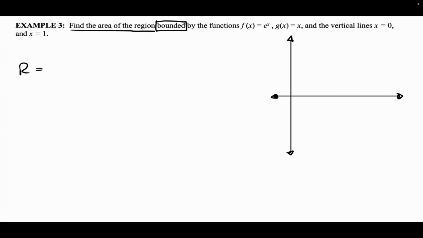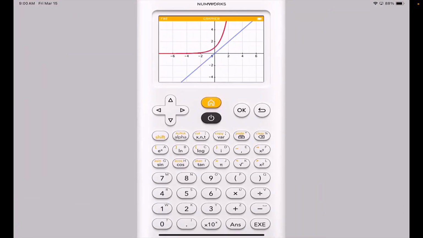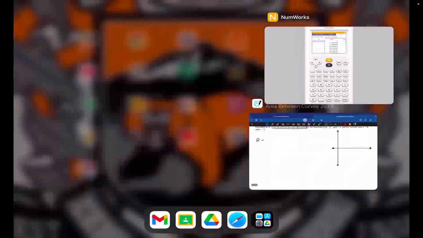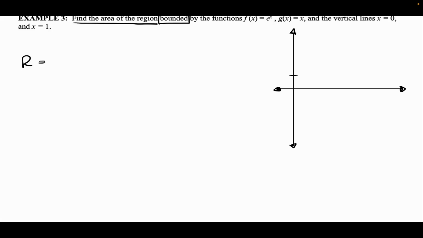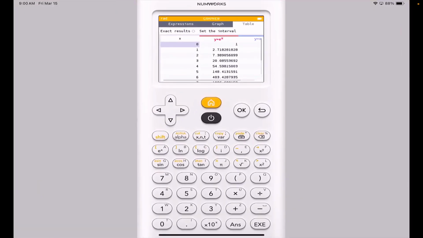Okay, so e to the x. Draw e to the x on your paper. If you don't know where e to the x goes, just go to your table. For e to the x, the first dot is 0, 1. The next dot is at 1, e, which is about 2.7.